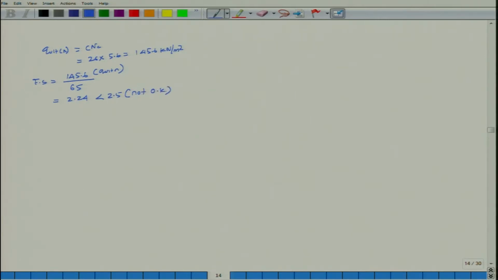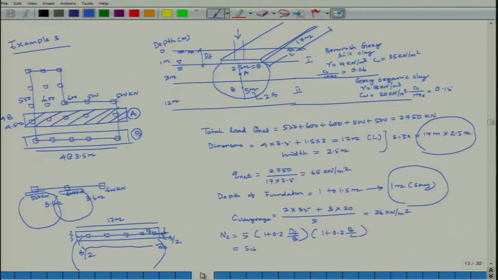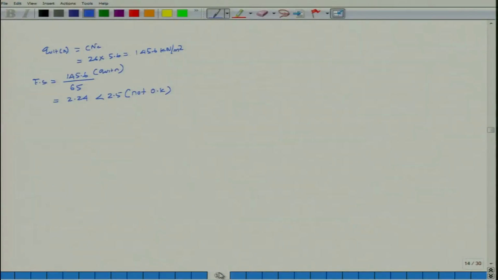Then what is the next step? The next step has to be, you have to increase the size, at least B. B means you have to increase this B, this size has to be increased. Let us start with this. Then modify the dimensions.